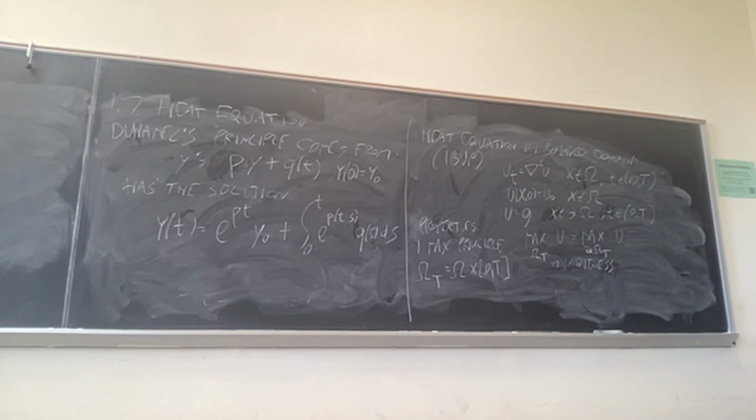Therefore, the solution must be 0 throughout the region. So all that works the same as in Laplace's equation. Something else here. Oh, actually, that's all I got, one property.